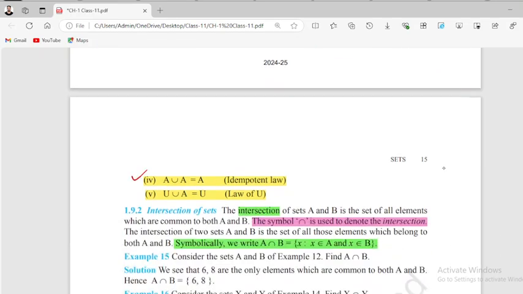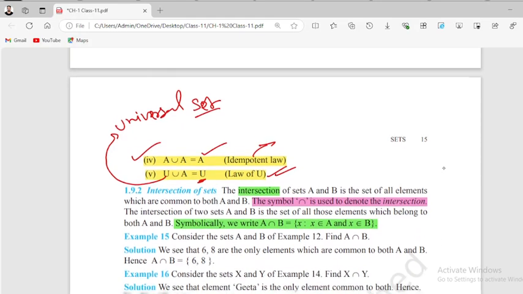Also, A union A is always equal to A. This is called the idempotent law. And with the universal set U, U union A is equal to U. This is called the law of the universal set.